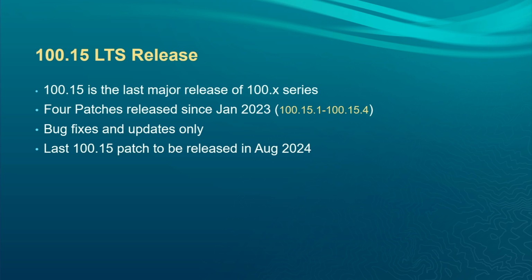And since 200 is released, all new features across all native SDKs are only being added to our 200 releases. 115 patches have been frequently getting released, but they only include bug fixes and critical patches. So if you are still using 115, we highly encourage you to now move to the latest 200 SDK.